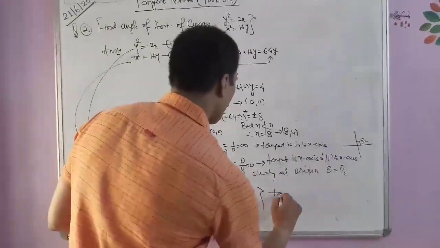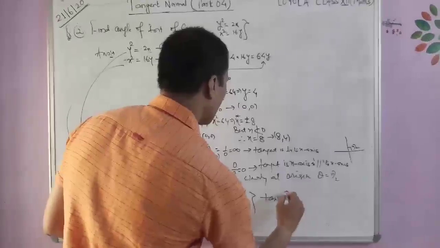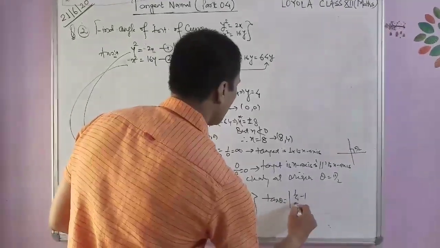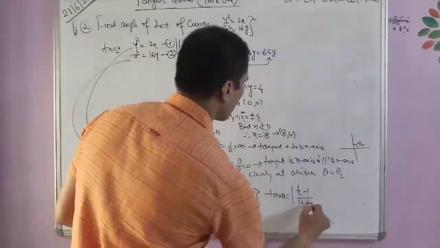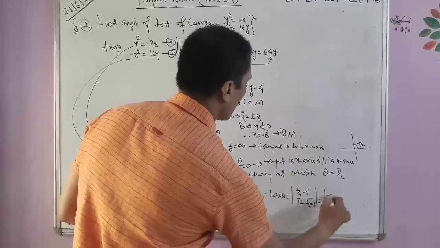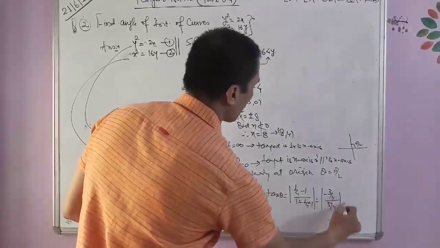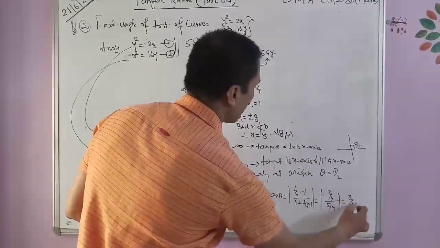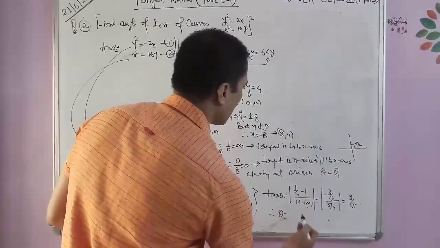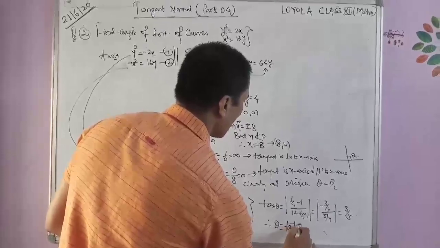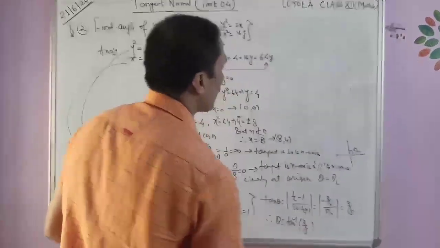So for the acute angle, tan theta equals (m1 minus m2) divided by (1 plus m1 m2), that is minus 3 by 4 over 5 by 4, this is 3 by 5. Therefore theta equal to tan inverse 3 by 5.